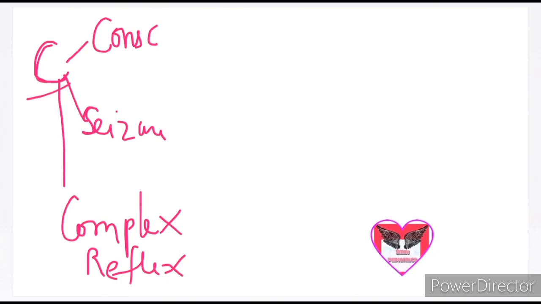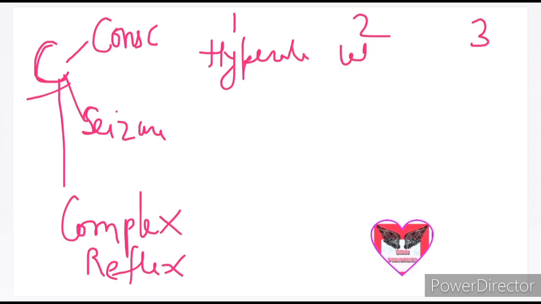In stage 1, 2 and 3. Stage 1 consciousness, we have hyper alert baby. In stage 2 the baby becomes lethargic, and stage 3 we have stuporous. Now we have seizure. In stage 1 there is no seizure.